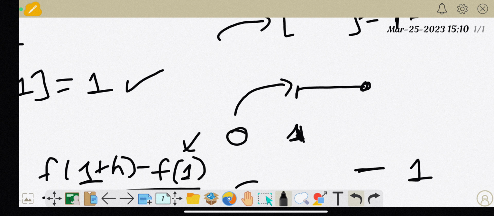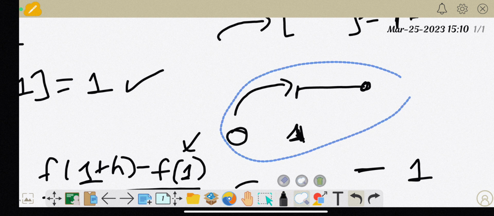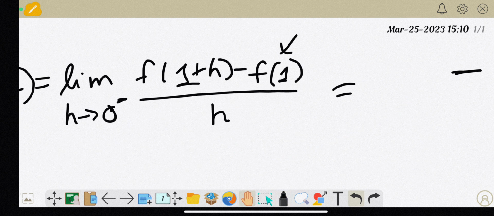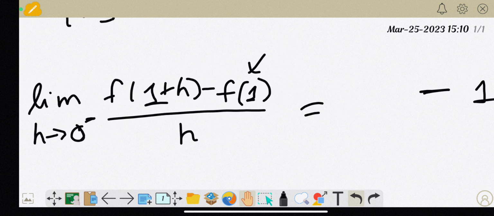So if this is your 1 and you approach from the left, the answer would be 0. So f of 1 plus h will be equal to 0.